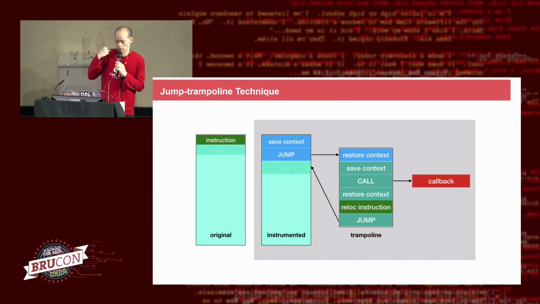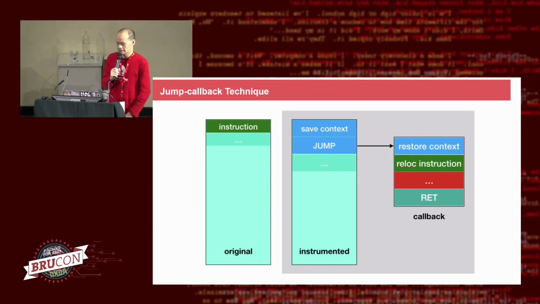First of all, with a relative instruction, when you move it from the original place to the new place, it doesn't run correctly anymore. You can break your program. So you need to relocate the original instruction before you copy it into the buffer. So after we execute the original instruction, already relocated, we jump back to the original place. After that, everything goes on as normal. So this is the first technique: we jump from the original place to the trampoline buffer.